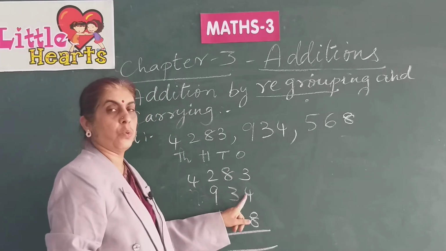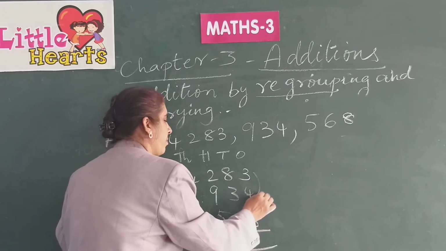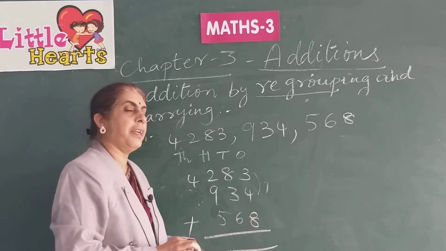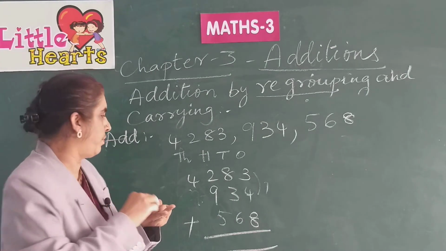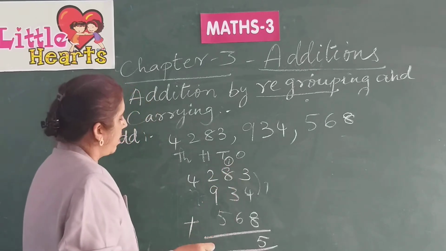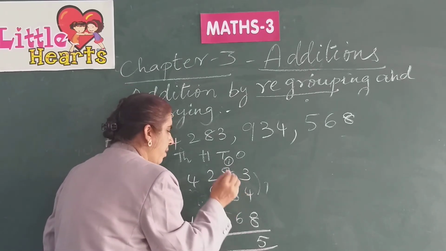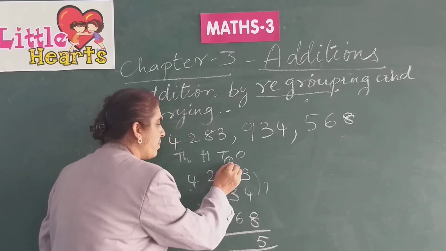3 plus 4, 7. 7 plus 8, 9, 10, 11, 12, 13, 14, 15. 5 in the ones, carry 1. 8 plus 3, 11. 11 plus 6, 17. 17 plus 1, 18.